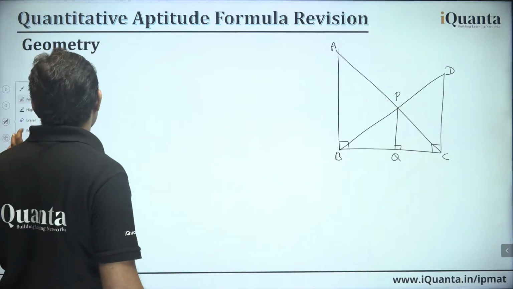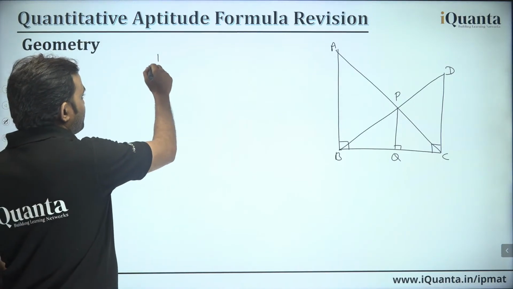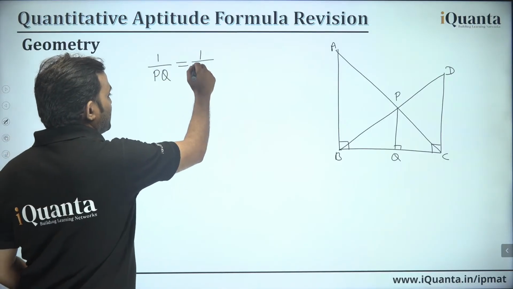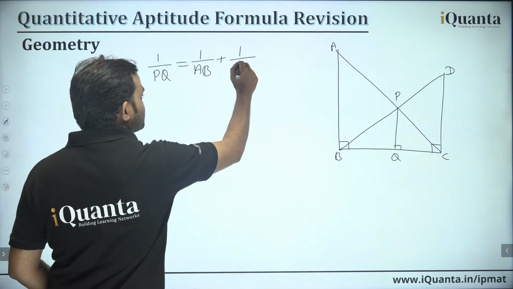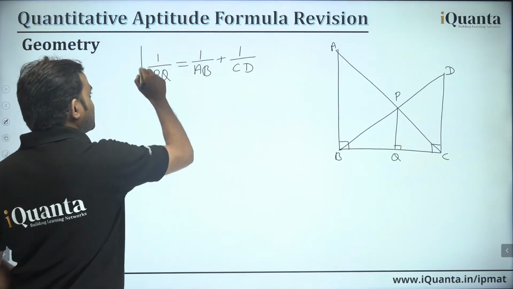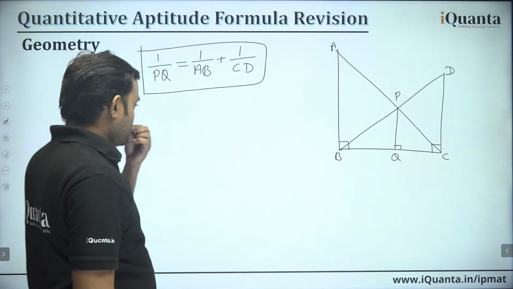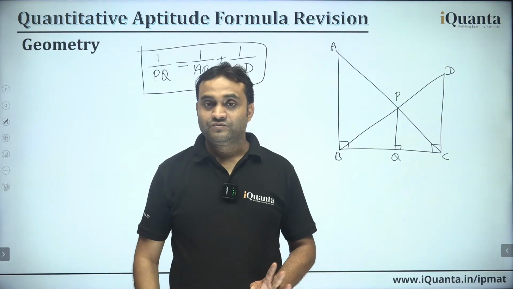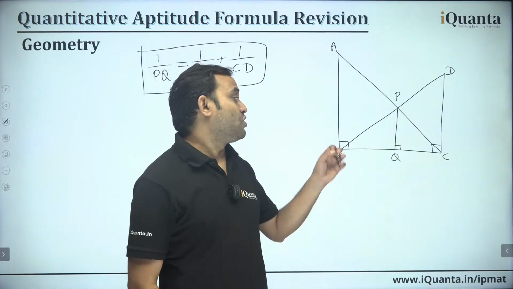So using similar triangles, we can prove that 1 by PQ will be equal to 1 by AB plus 1 by CD. Remember this relation in terms of these kinds of figures.